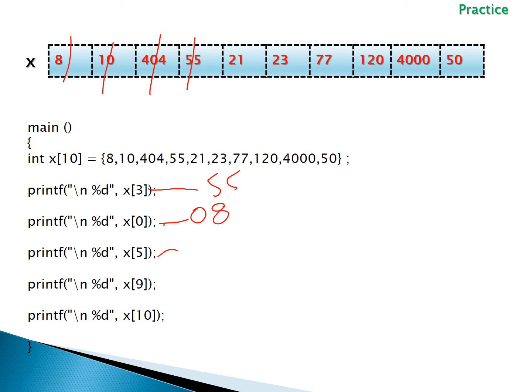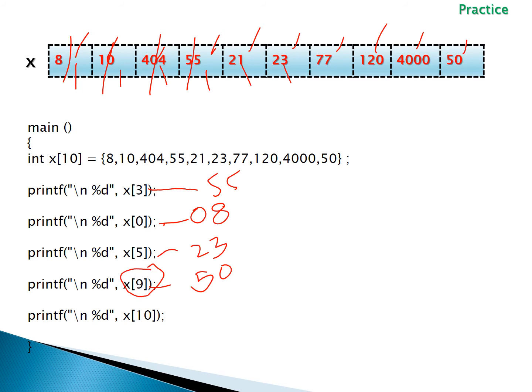What will be the output of this one? So x0, x1, x2, x3, x4, x5. So 23. What will be the output of this one? This is 0, 1, 2, 3, 4, 5, 6, 7, 8, 9. So 50. We can directly guess because the size of the array is 10, and this is 10 minus 1, 9.